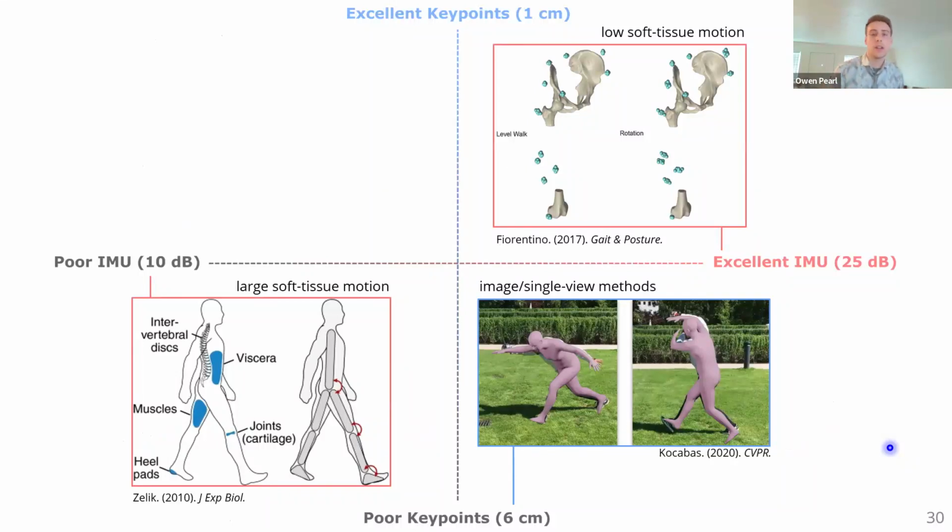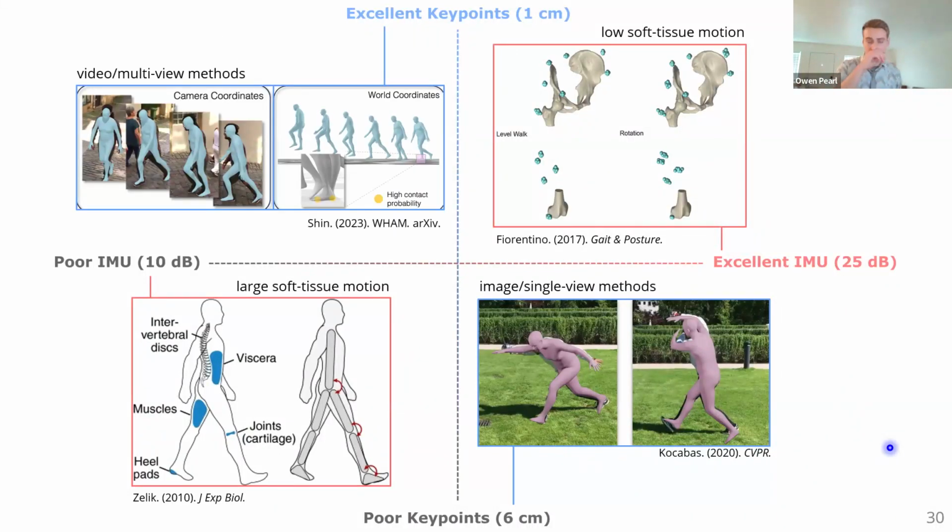For key points, this could look like if you're using different computer vision algorithms, maybe that use a single image at a time or single views from only a single camera, or if you're using computer vision methods that take video data and leverage the temporal information between frames or synthesize multiple camera views. So you could get these different ranges of accuracies when we're really trying to apply this in the real world.